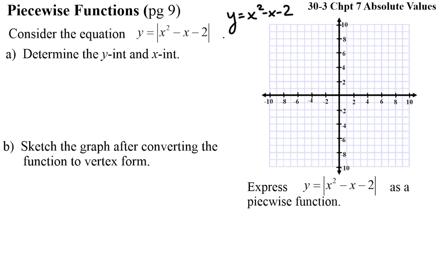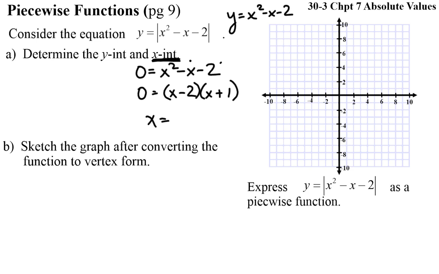Well, in order to come up with this parabola, we need the x-intercepts, because the x-intercepts help us to create the parabola. So x-intercepts, y equals 0. And now I get my x-intercepts. How do I get x-intercepts? Solve for x. I can factor, multiply to negative 2, add to negative 1, x minus 2, x plus 1.